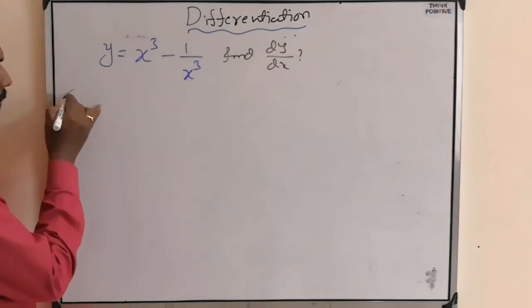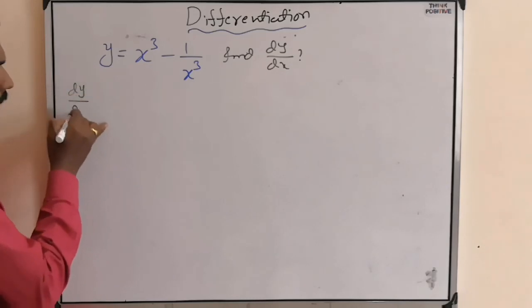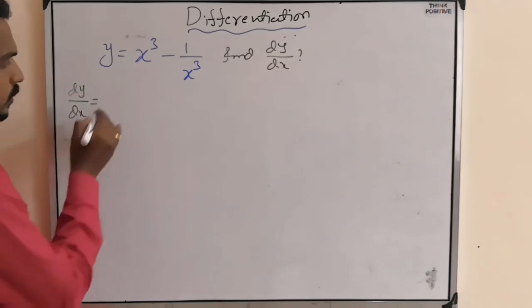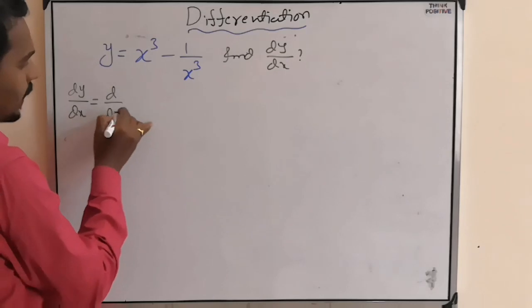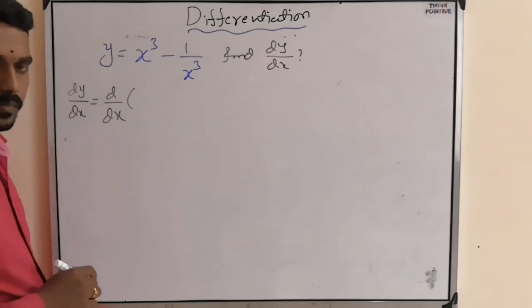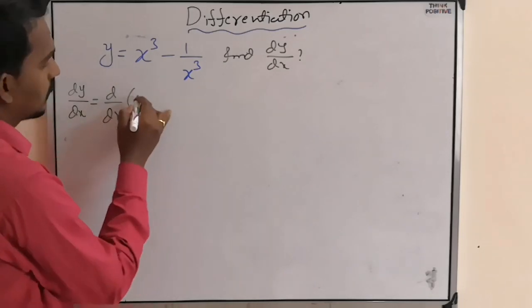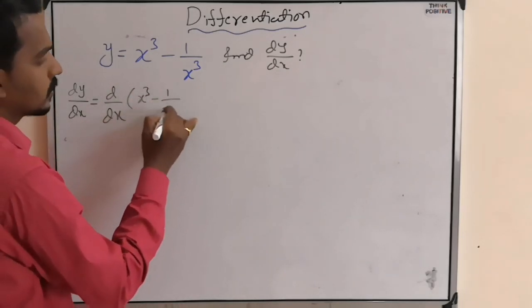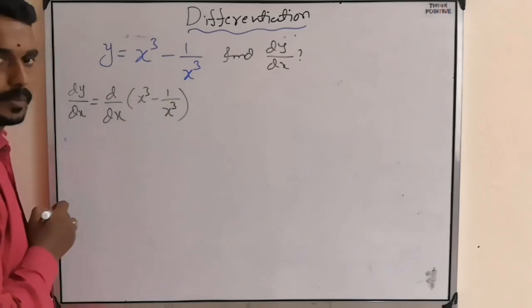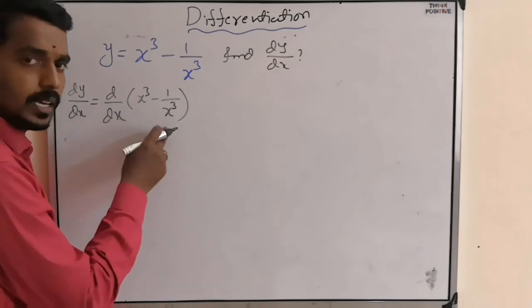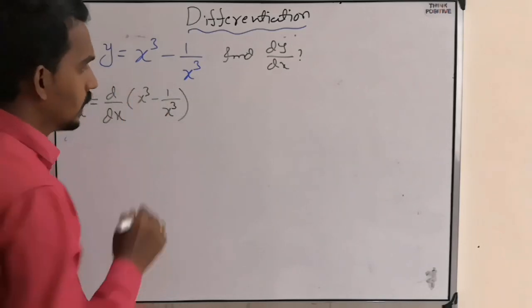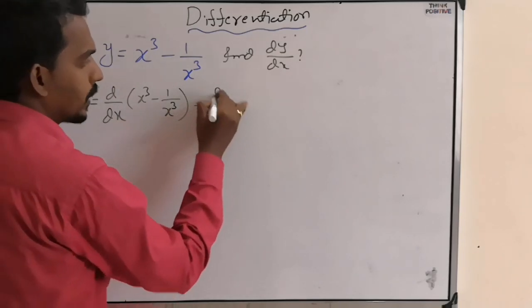So first step, dy by dx equal to d by dx of x cube minus 1 by x cube. How many terms are there? 2 terms. Then write them separately.